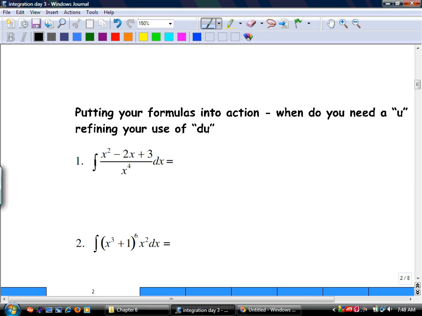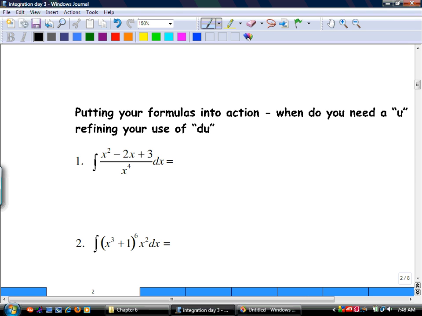Do you see any 4x cubed? Do you see anything with even an x cubed in it? So that's probably a bad choice. Okay, well, let u equal x squared minus 2x plus 3. Then du is 2x minus 2. Shoot, there's no 2x. Okay, so maybe we should try something else.